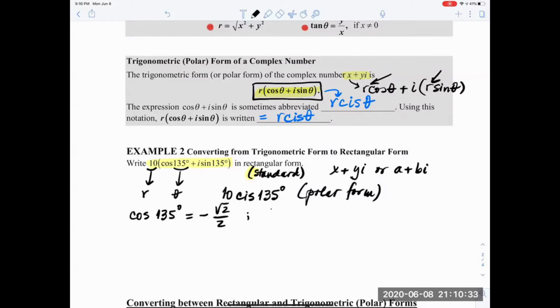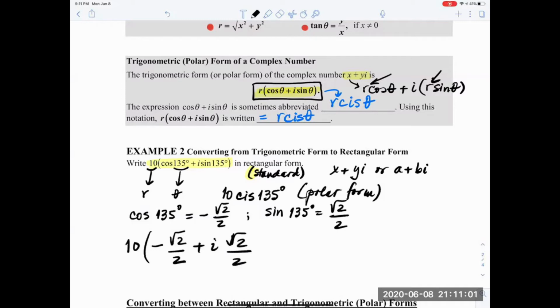Similarly, you're going to find out that sine of 135 degrees is the same thing since it's a multiple of 45, but it's positive, being in quadrant 2: square root of 2 over 2. Good, so now I plug these values in. I'm getting 10 parentheses, negative root 2 over 2, plus i root 2 over 2.